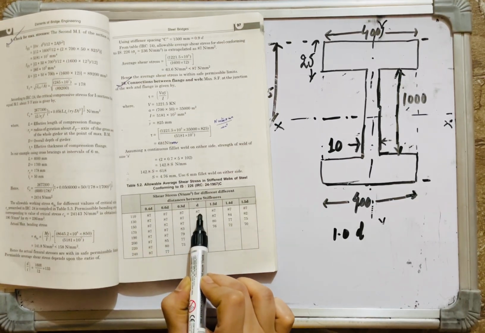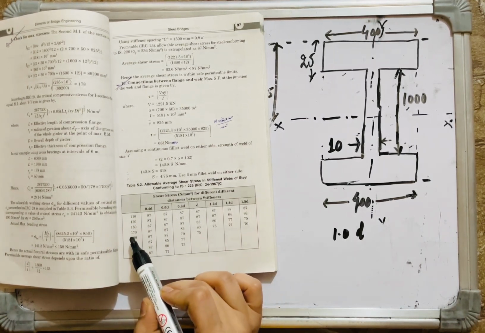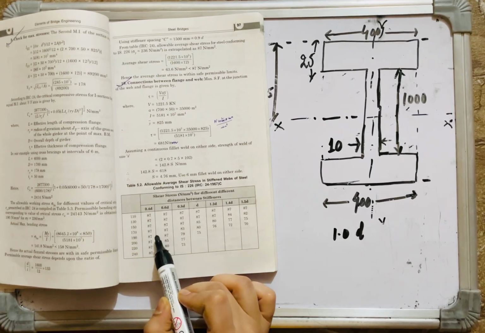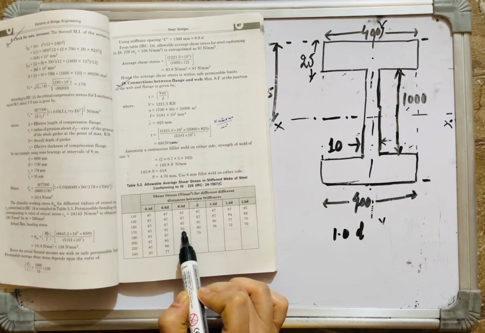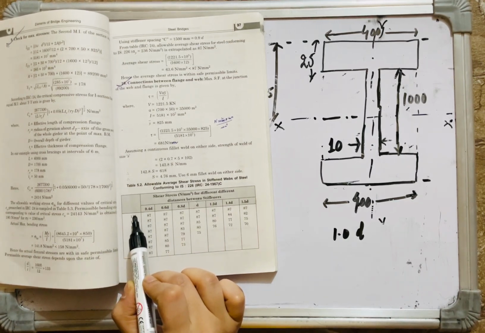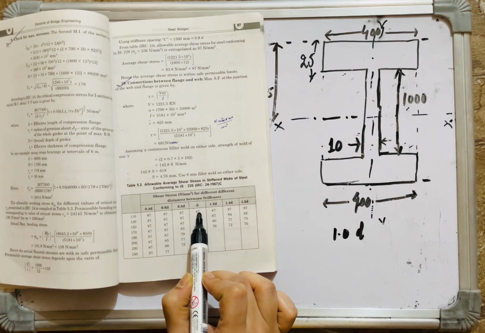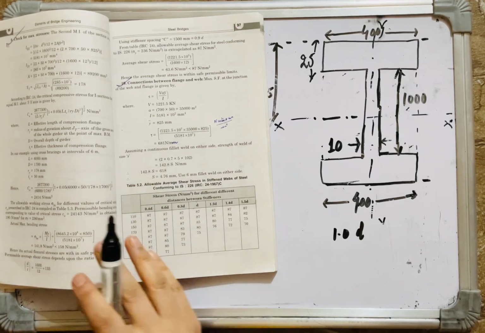For example, if my d by t ratio was 170 and my stiffener spacing was 0.80d, then my allowable average shear stress was 83. Now my d by t ratio is 100, which is missing in the table. But the nearest one is 110, and my stiffener spacing is d, so I'll be checking this column. It is 87 Newton per mm square.